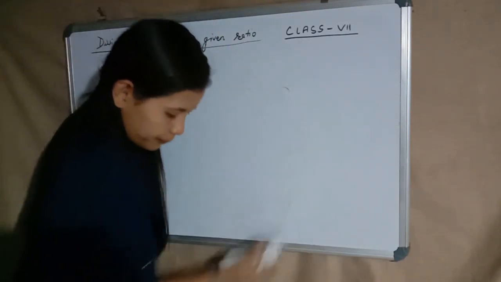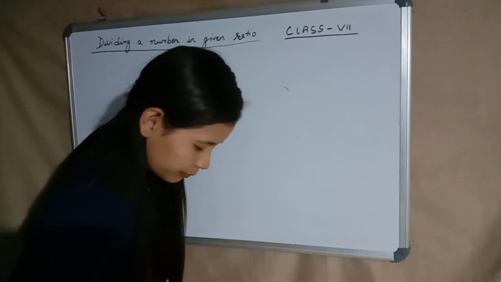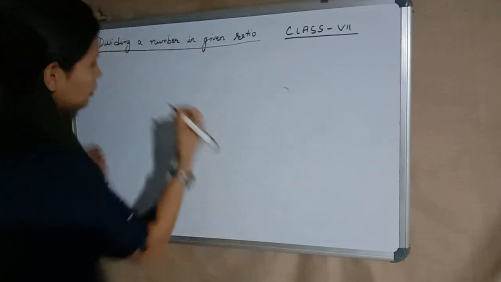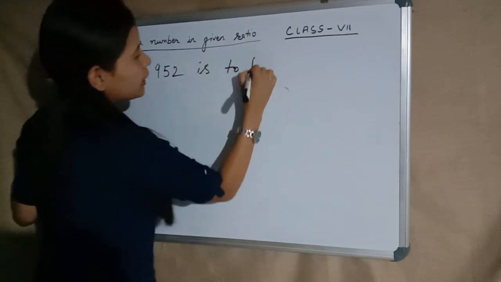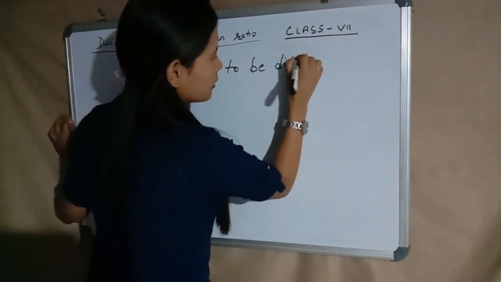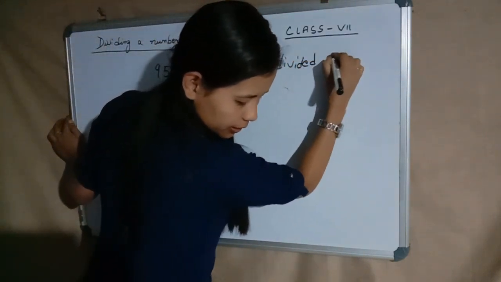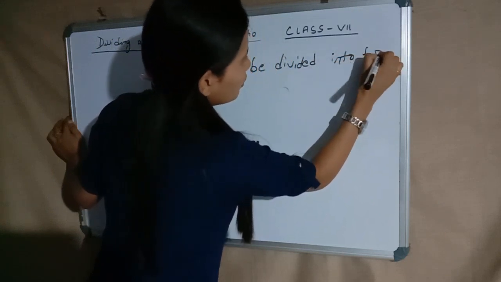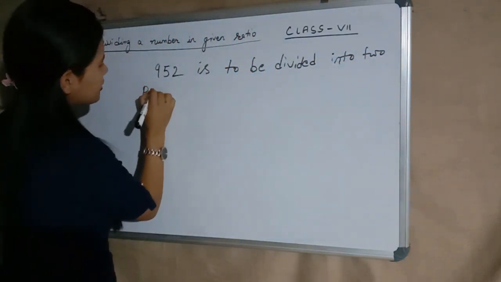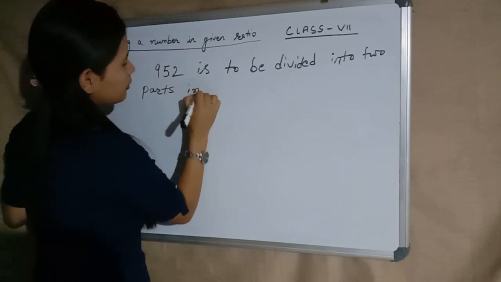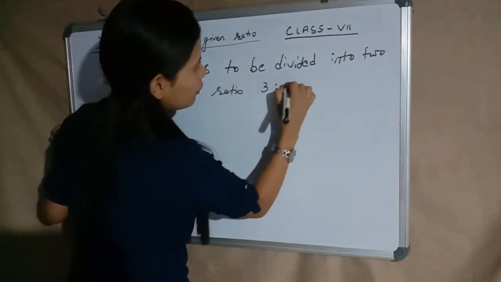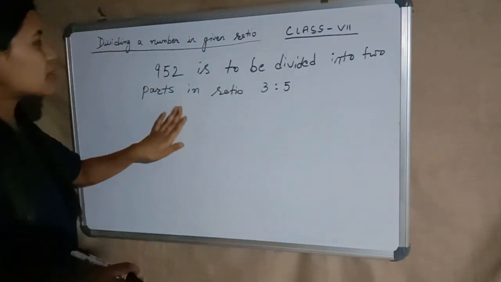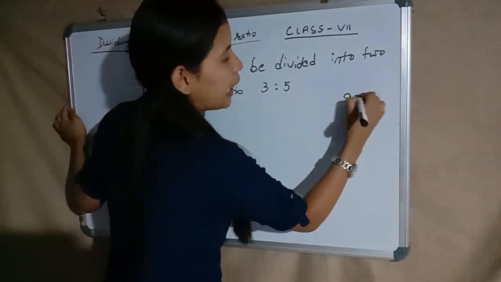Suppose 952 is to be divided into two parts in the ratio 3 is to 5. The question says we have a number 952.